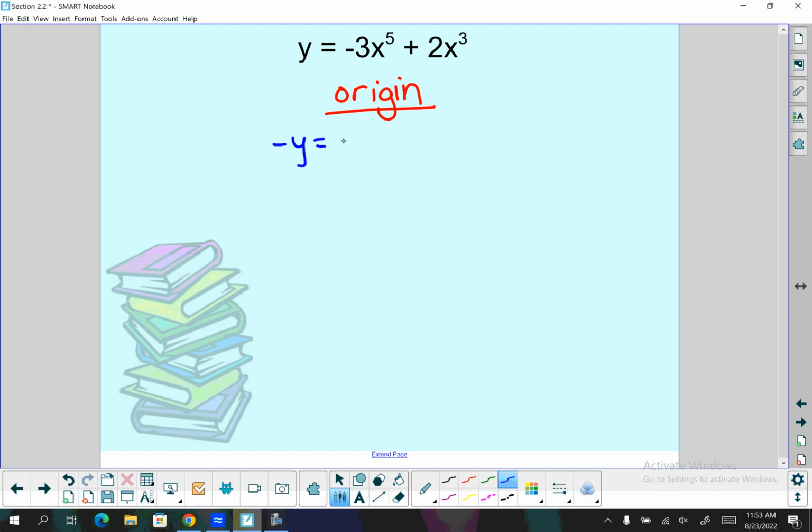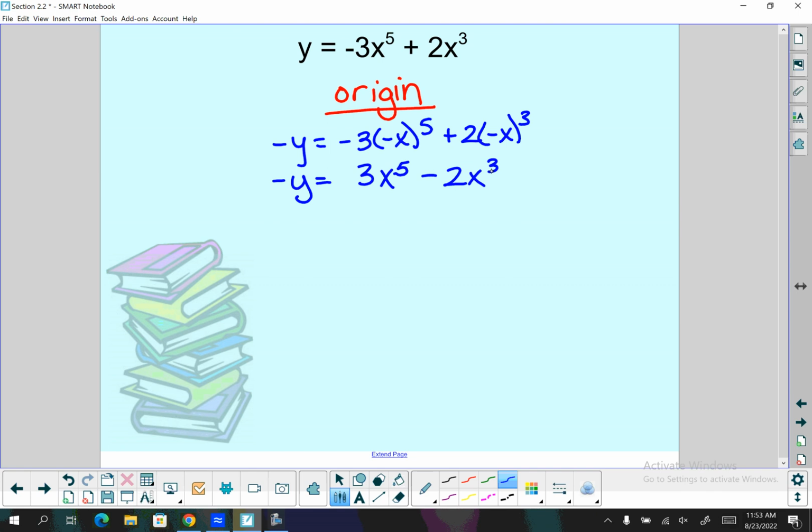Negative y equals negative 3 times negative x to the 5th plus 2 times negative x to the 3rd. Okay, so simplifying, negative x to the 5th, that's negative, times negative 3, that whole term will be positive. Okay, that's the only thing that's changing are my pluses and minuses. Negative x to the 3rd, negative, times 2 will still be negative.